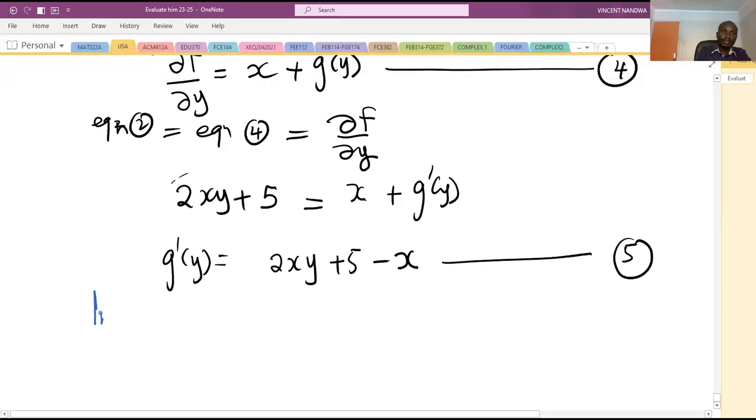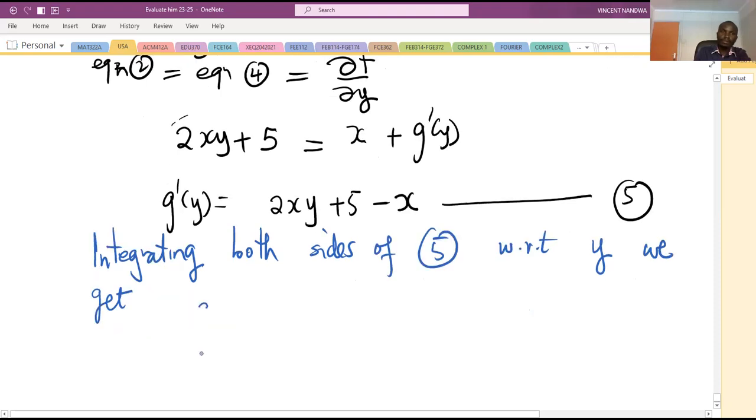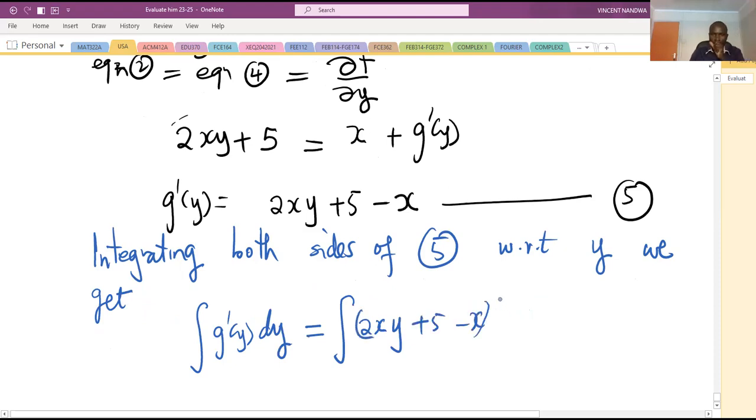So integrating both sides of 5 with respect to y, we'll have the integral of g prime of y dy equals the integral of 2xy plus 5 minus x dy.